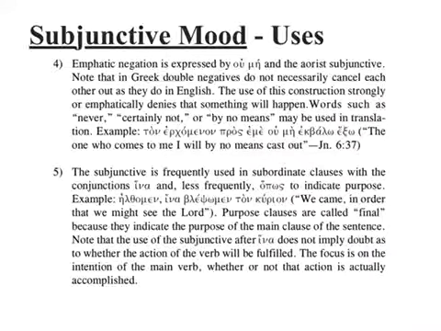Number 4, it's kind of like number 2, but this was emphatic, so it's going to have both ou and mē. And so the words that you would translate this would be never, certainly not, by no means, and it's going to be with the subjunctive mood.